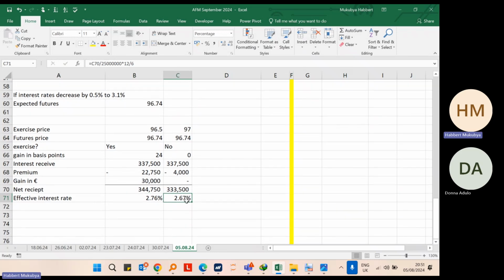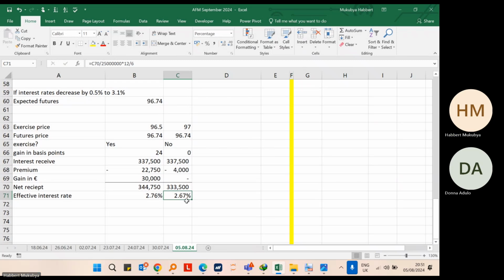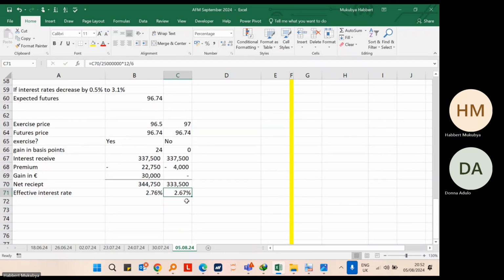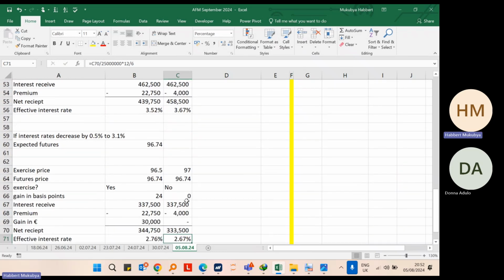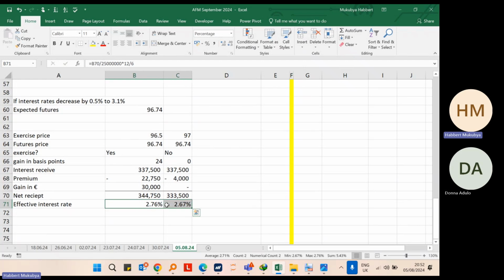So that is when it comes to getting the options. It means, of course, the interest rates are going to decrease, but to 3.1 you lose.